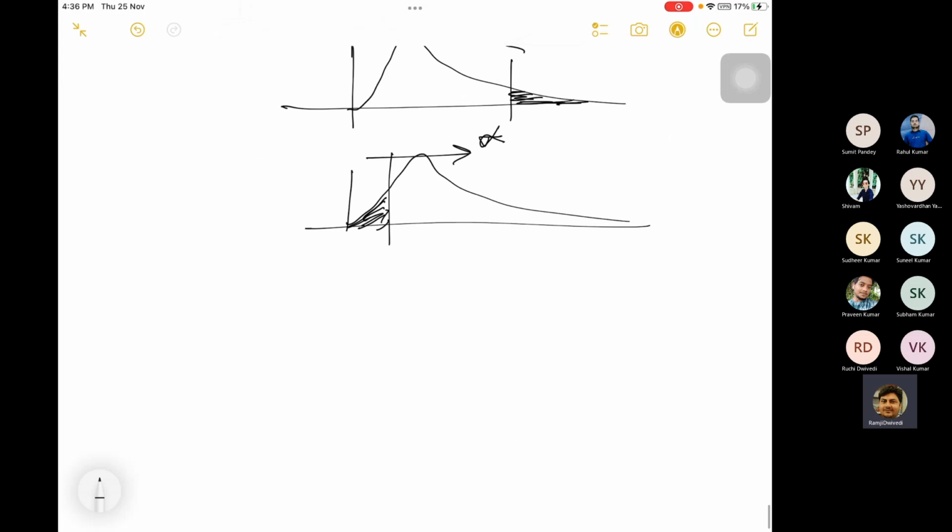Now next is hypothesis testing. Hypothesis testing is nothing different. It is only the use of these tests.